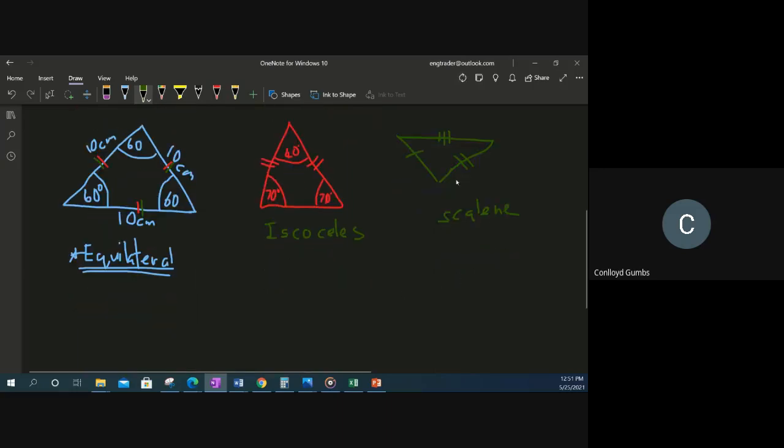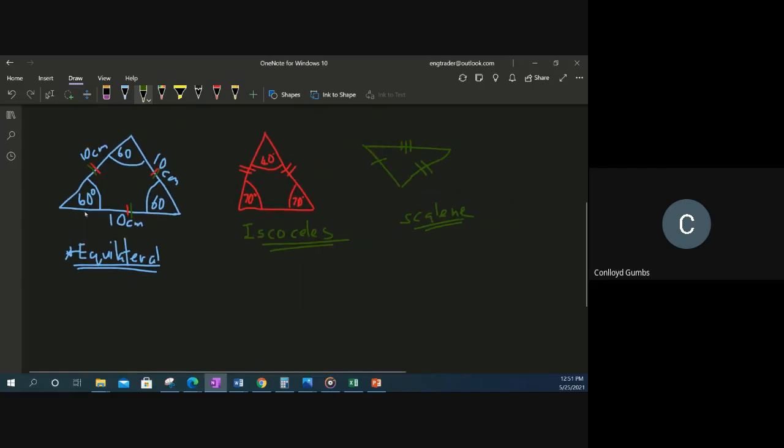Okay, so isosceles and scalene. So the next thing would be these triangles, no matter what the sizes are, they all add up to 180 degrees. 180 degrees would be the sum of the internal angles.